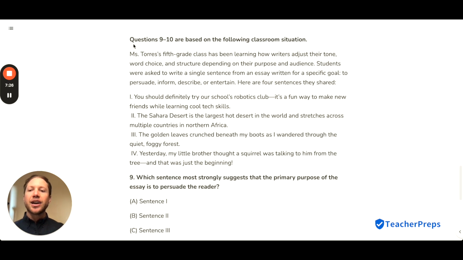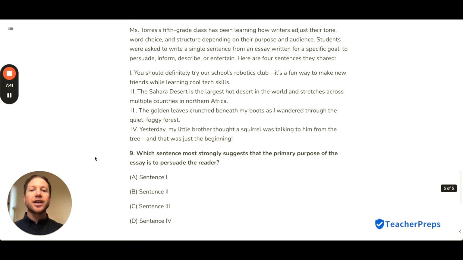It says, questions 9 and 10 are based on the following classroom situation. While taking your ParaPro exam, especially in the reading and writing section, you'll notice that many of these questions will have a text passage above that you will have to read in order to correctly answer the question.